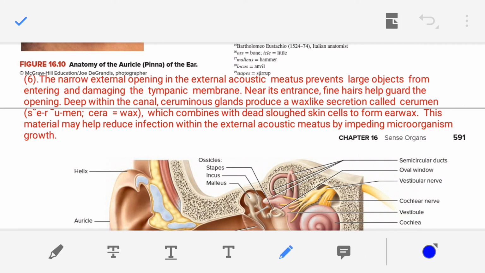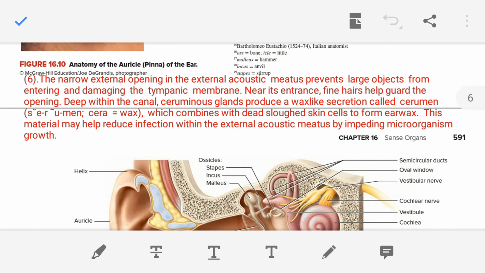So this narrow external opening in the external acoustic meatus, since this opening is narrow, it is preventing large object entering in our ear. The foreign objects cannot enter in our ear because the opening of the auditory meatus is very narrow one, that's why.